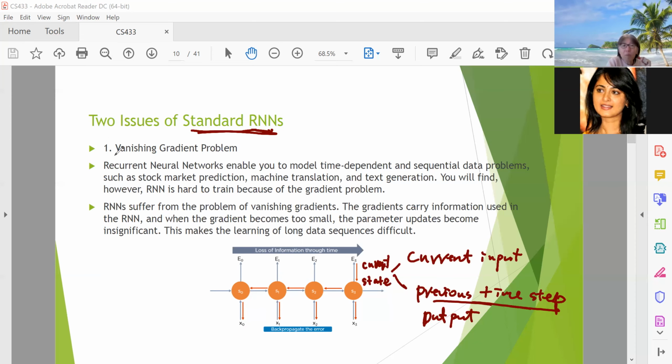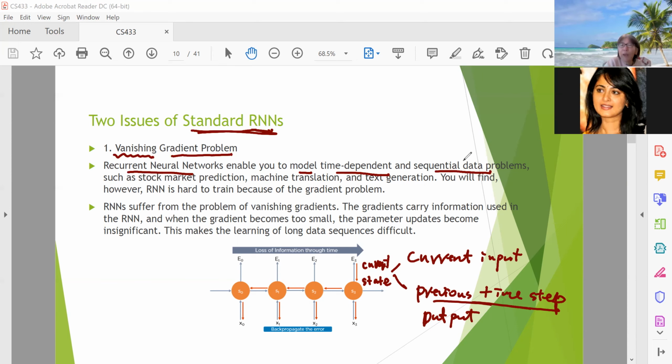Then it can cause a problem. We call it the vanishing gradient problem. Recurrent neural network lets us model time-dependent and sequential problems.